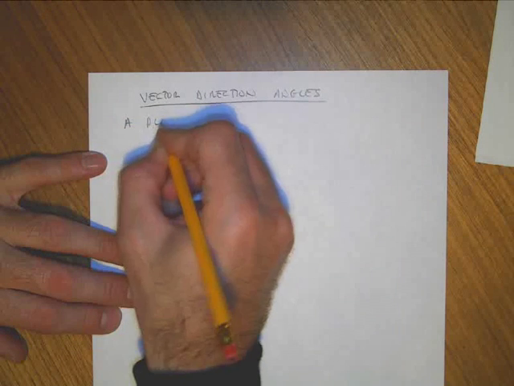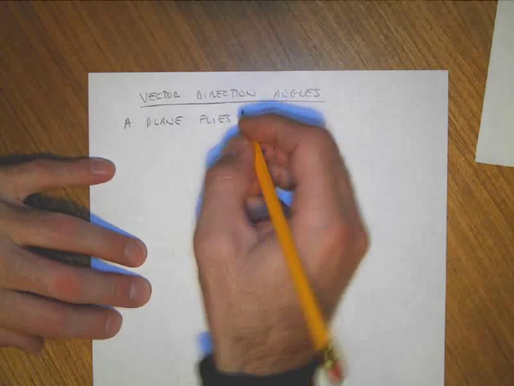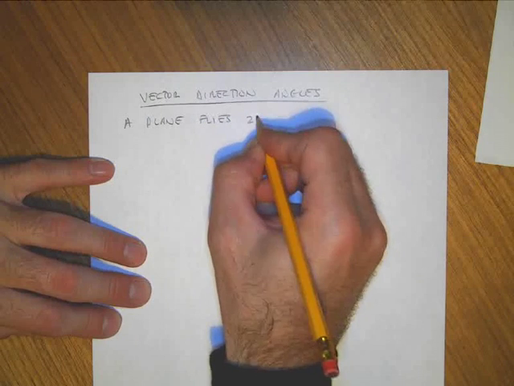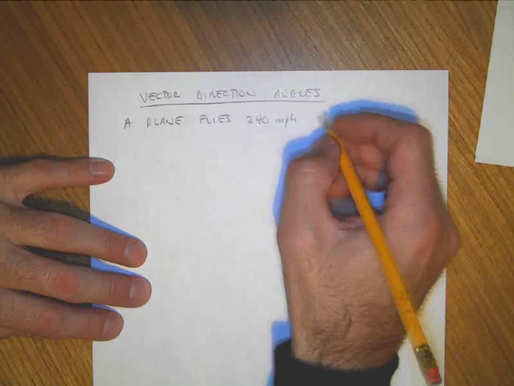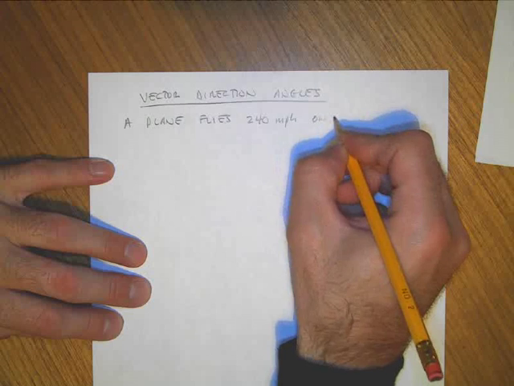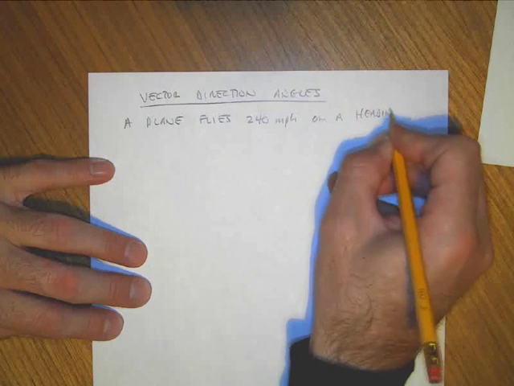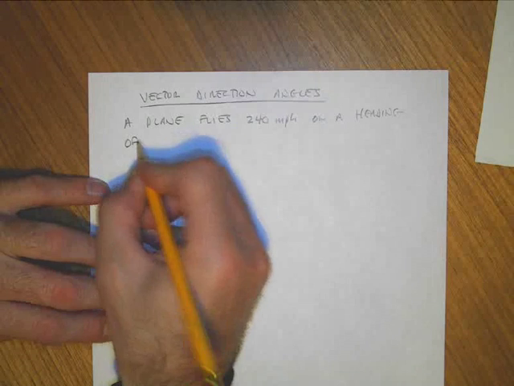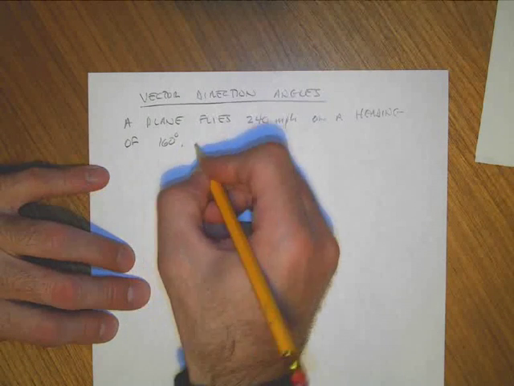A plane flies 240 miles per hour on a heading of 160 degrees.